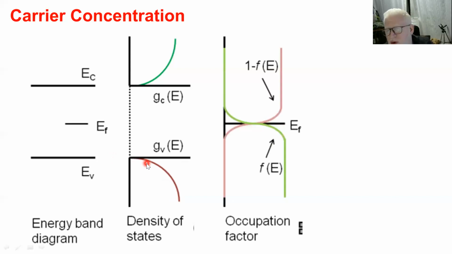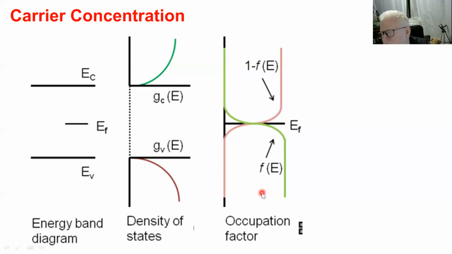Then the next step is to find the probability function. This probability function, the green probability function, which is f of E, the Fermi-Dirac function, we already investigated graphically and mathematically in the previous lecture. This function says that there is a small probability to find some electrons in the conduction band.